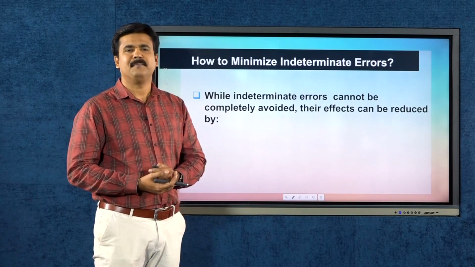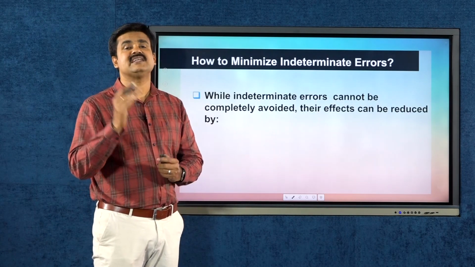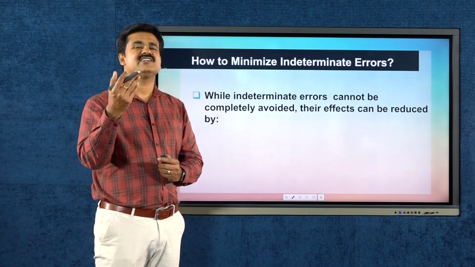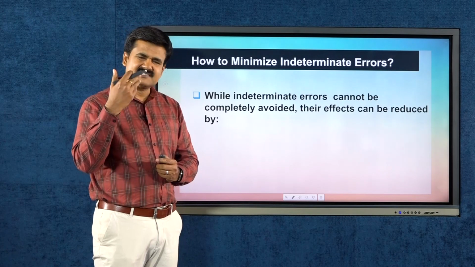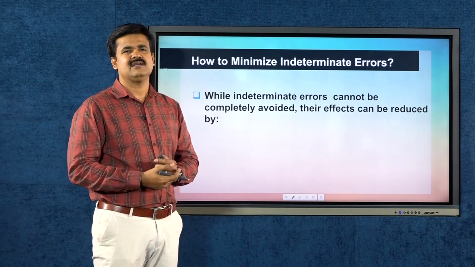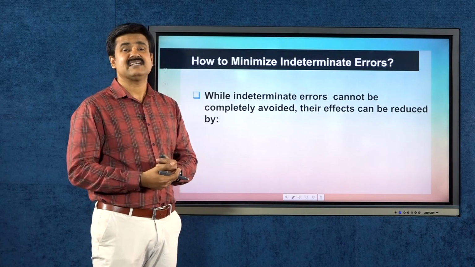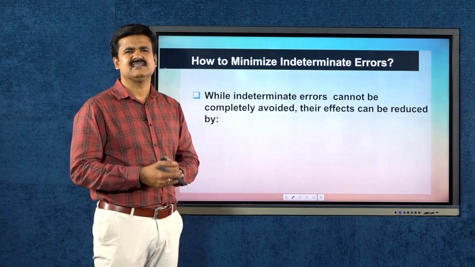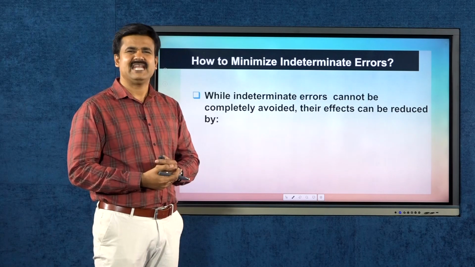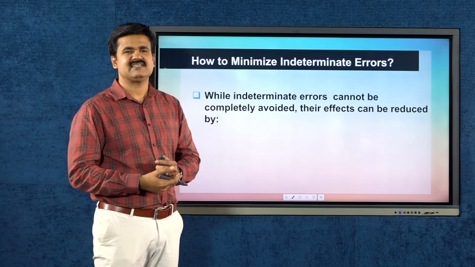How to minimize indeterminate errors? I mentioned the fact that the exact reason and exact quantity of indeterminate errors is not possible to figure out, and hence it is too tough to eliminate the indeterminate errors.